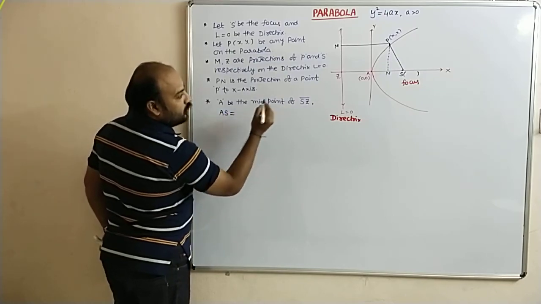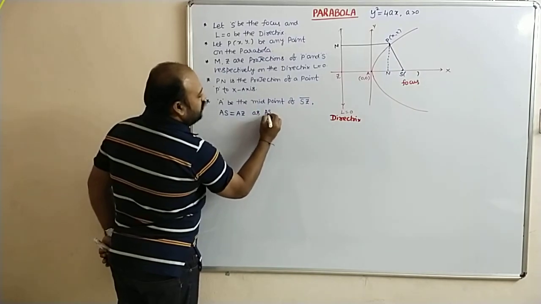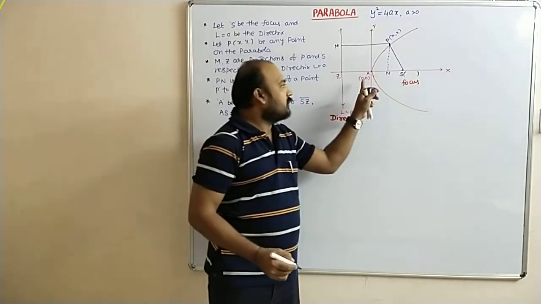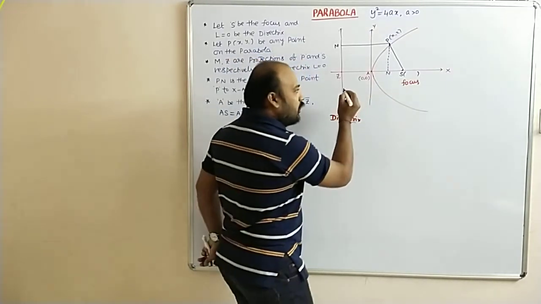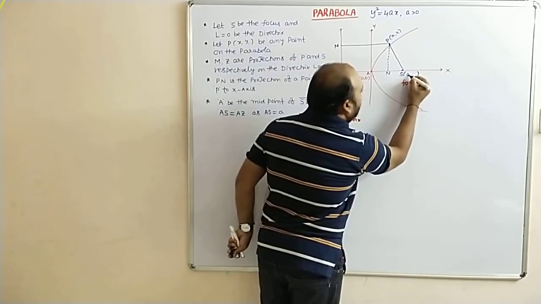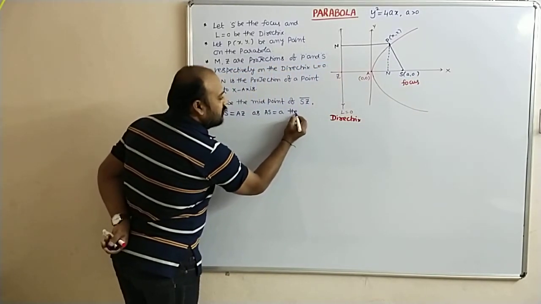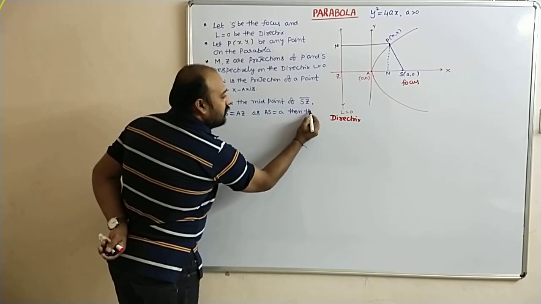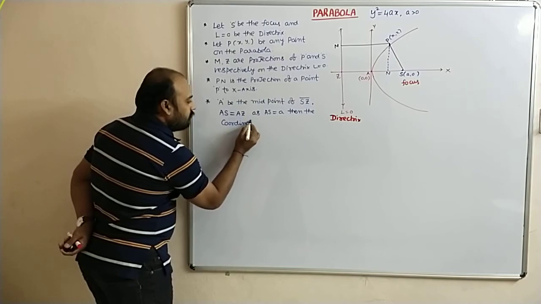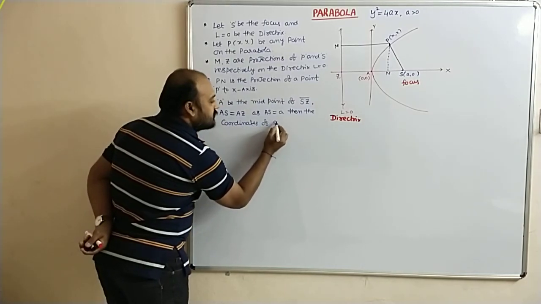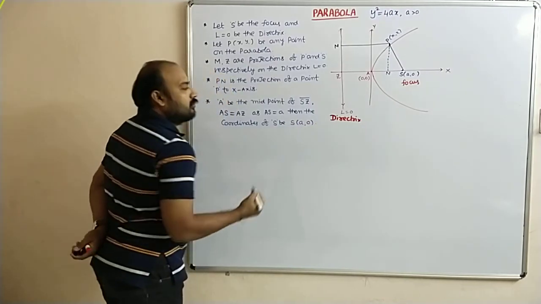SA equal to AZ, as AS is equal to a, the distance between A and S. That means the focus is a fixed point at a distance of a units. So the coordinates of the focus become a comma 0, S of a comma 0.